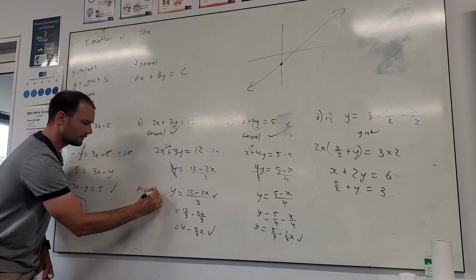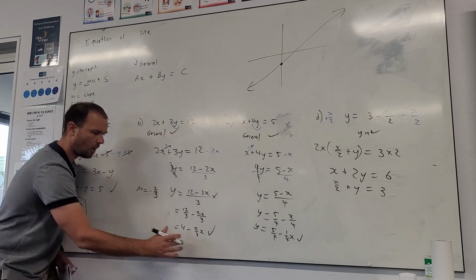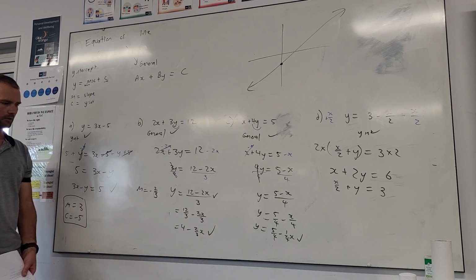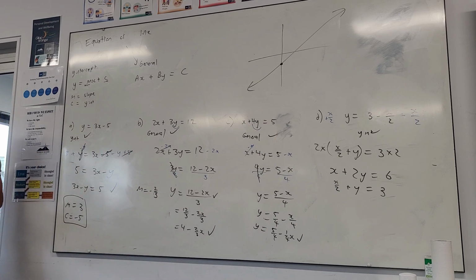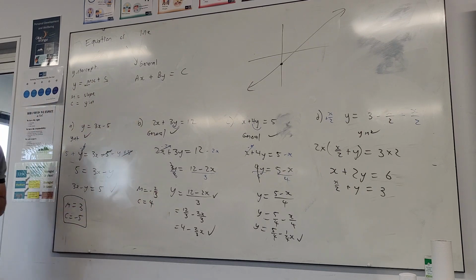Very good, yep, negative 2 on 3. So we don't just look at the general form part, we have to look at it in y-intercept form, and once it's in y-intercept form, the coefficient of x. Very good. Negative 2 on 3. We consider whether it's negative or positive. How about the y-intercept? Charles? 4. Very good. C is 4 in this circumstance.